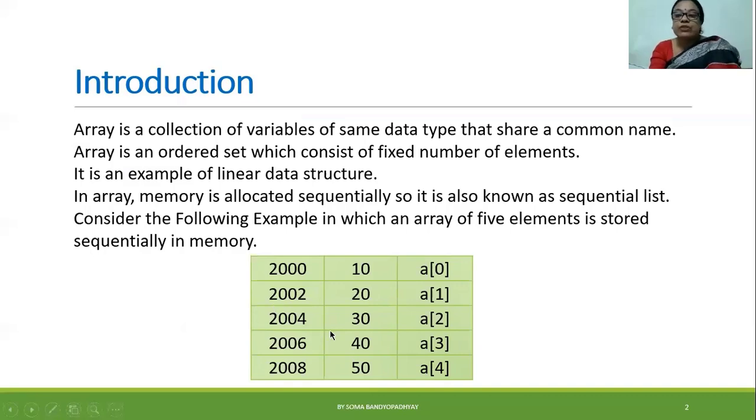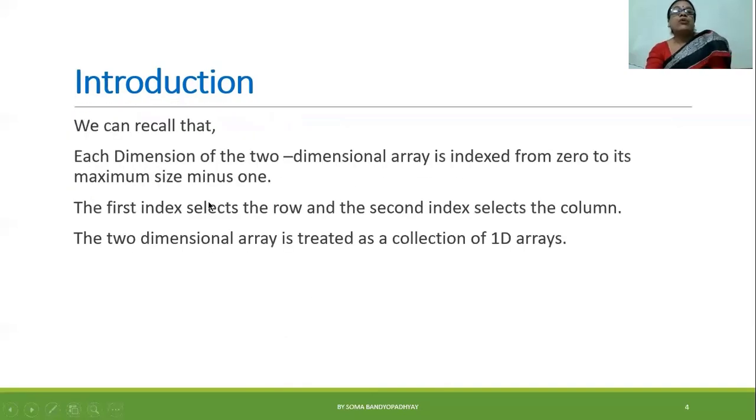Now we can recall that each dimension of the two-dimensional array is indexed from 0 to its maximum size minus 1. The first index selects the row and the second index selects the column. The two-dimensional array is treated as a collection of 1D arrays.